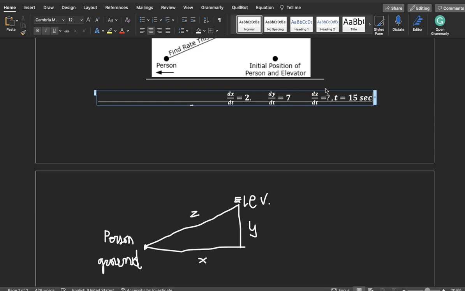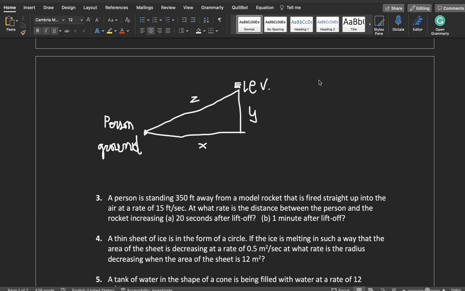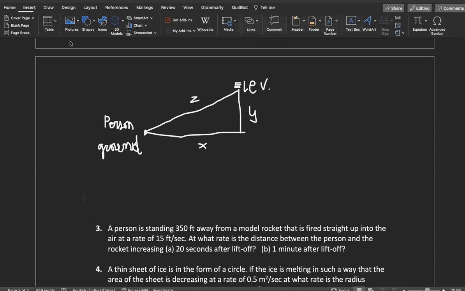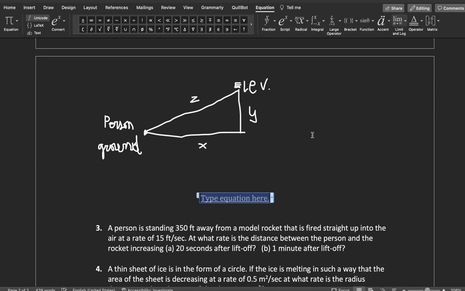So how do we approach this? If you assume that the two people are starting at the same point, what does that mean?